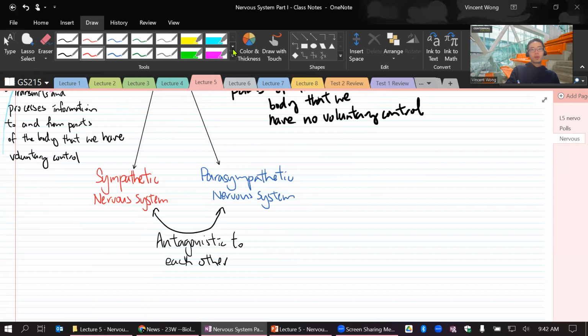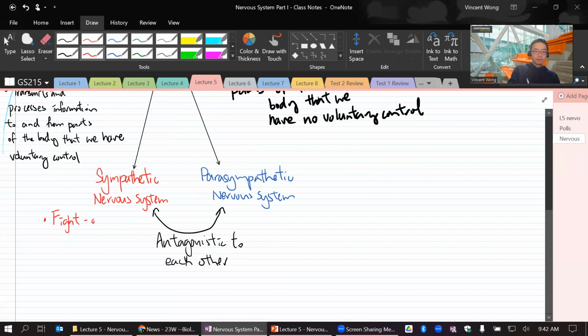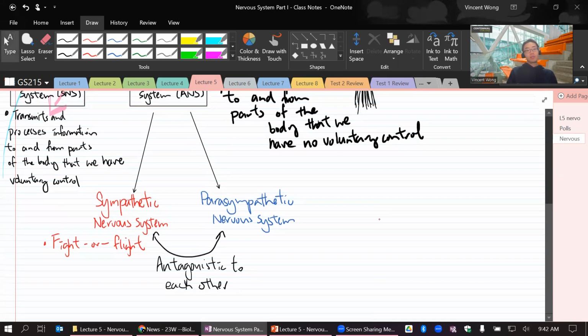We'll talk more about it in the PowerPoint slides, but for now, the sympathetic system is most active for fight or flight. When you're in danger, when you are in a stressful situation, and sometimes when you are in an excited state, the sympathetic system is most active.